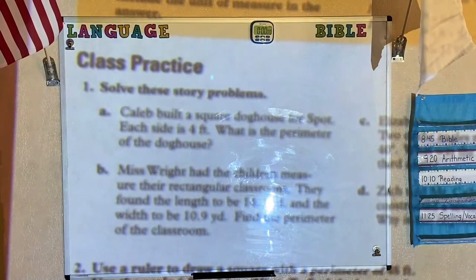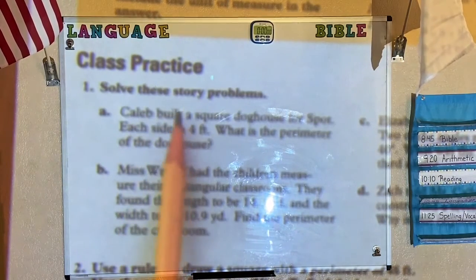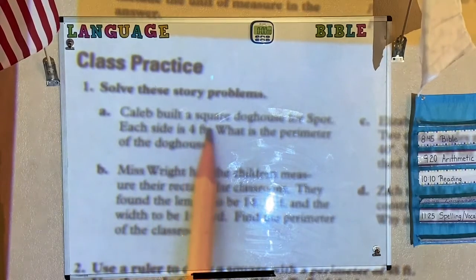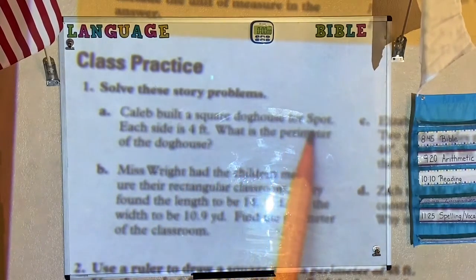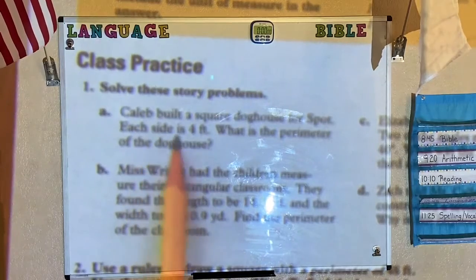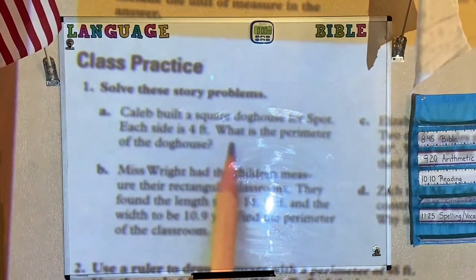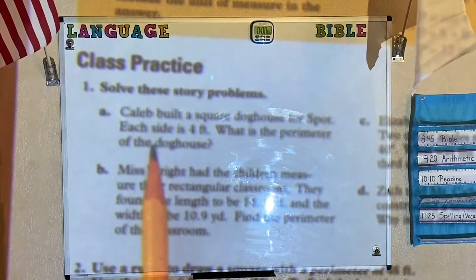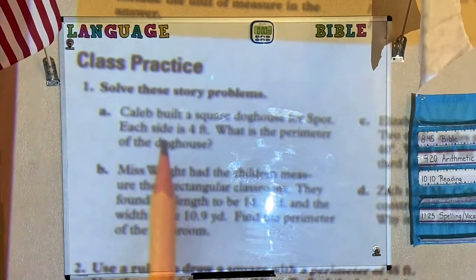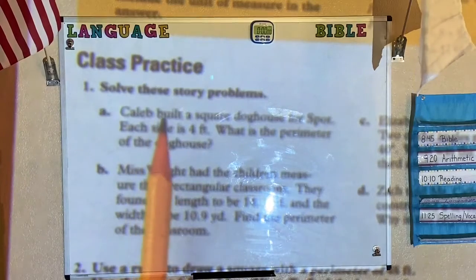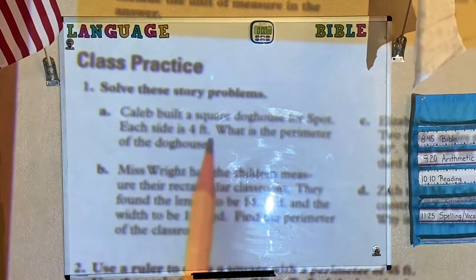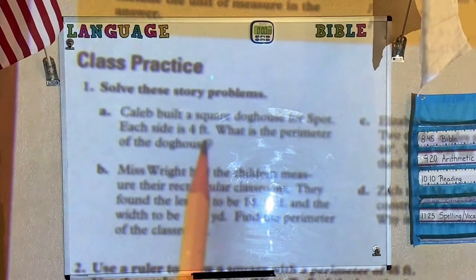Okay, let's solve this story problem. Caleb built a square doghouse for Spot. Each side is 4 feet. What is the perimeter of the doghouse? Remember, because the square has equal sides, we need to add those sides together.